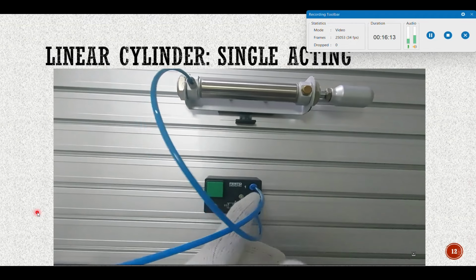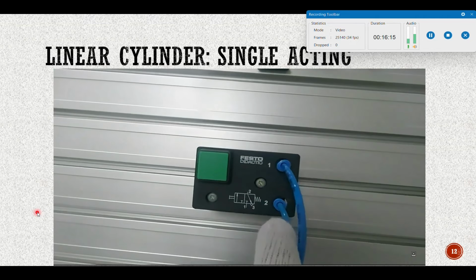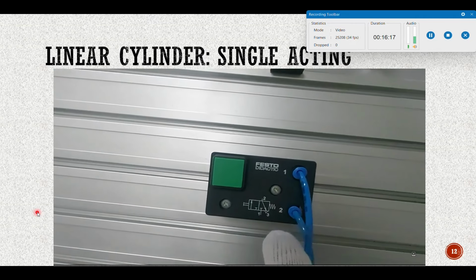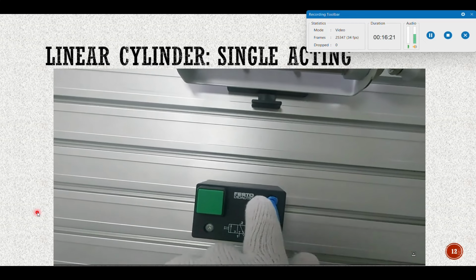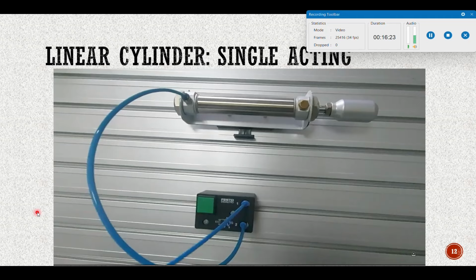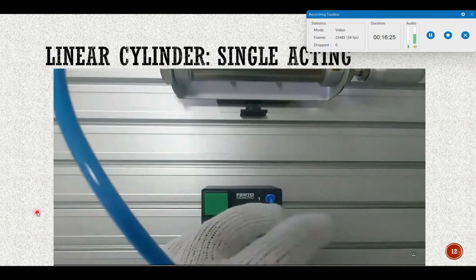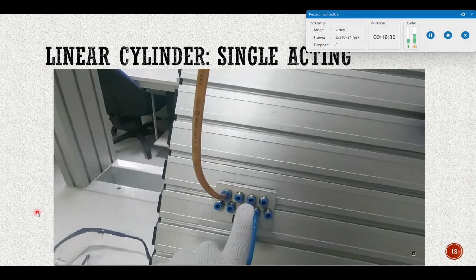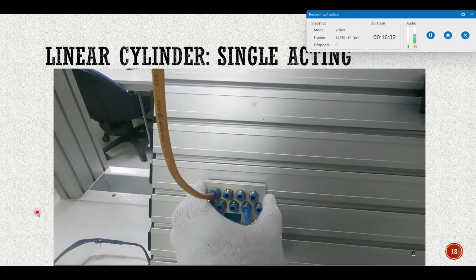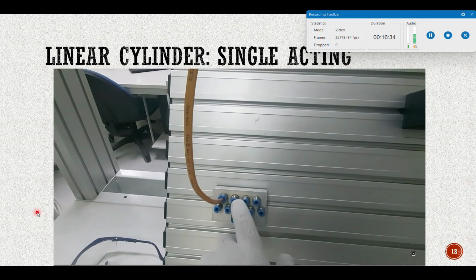Now for the connections, you have 1 and 2. 3 is exhaust. 1 is always input. It is from the source. You supply the compressed air from the compressor. Here our 1 is connected to the distributor. You can connect many components through this.